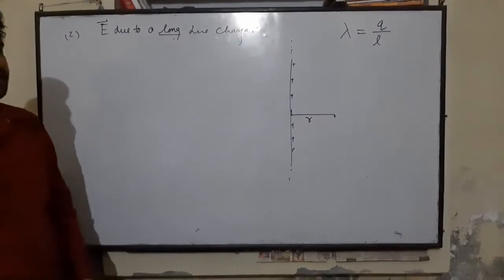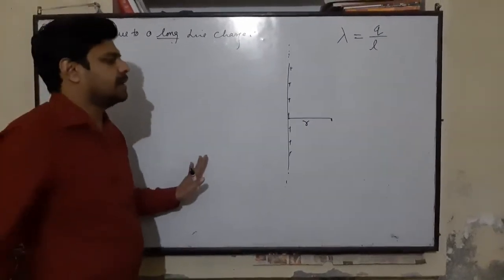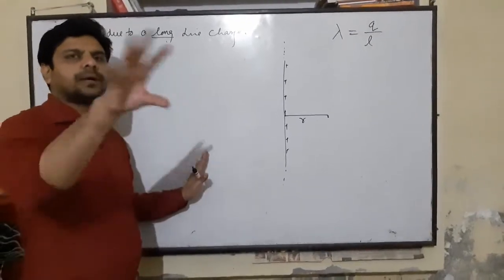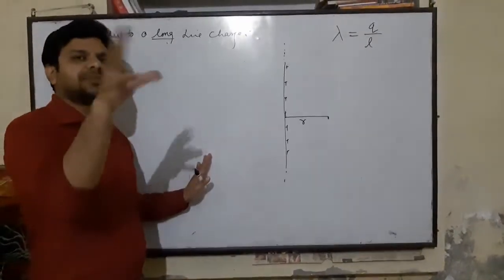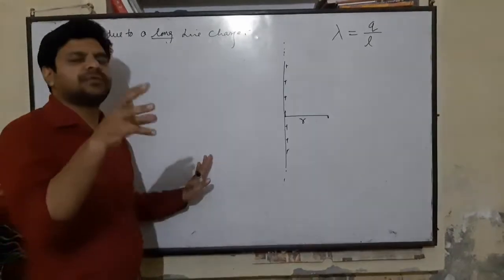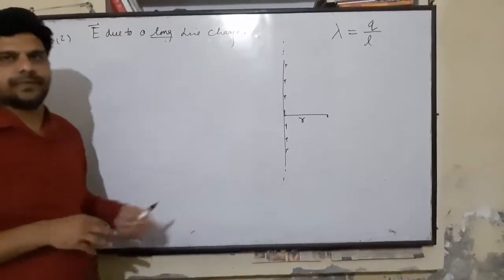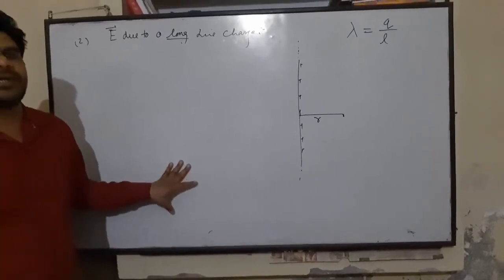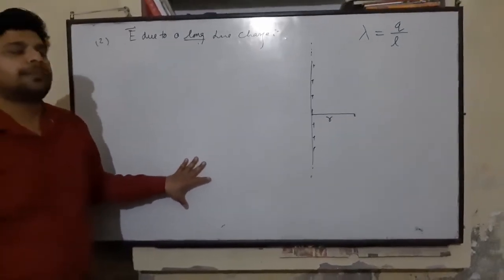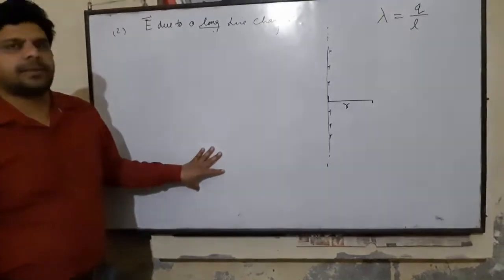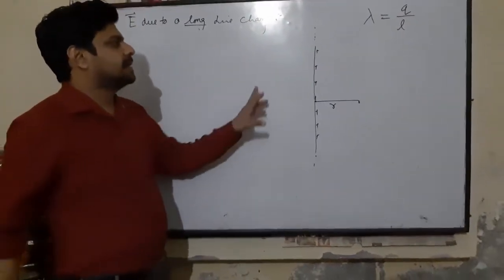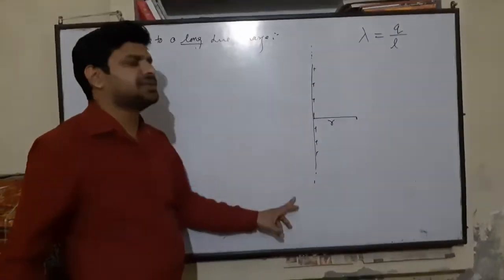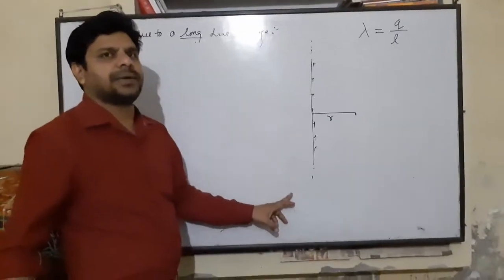As you saw in the last lecture, to calculate the electric field due to a point charge we consider a Gaussian surface, which for a point charge is a sphere. Just like this, the shape of the Gaussian surface for this line charge will be cylindrical.